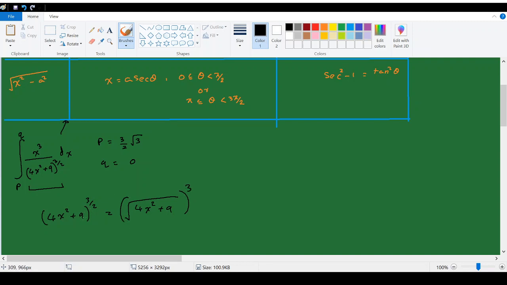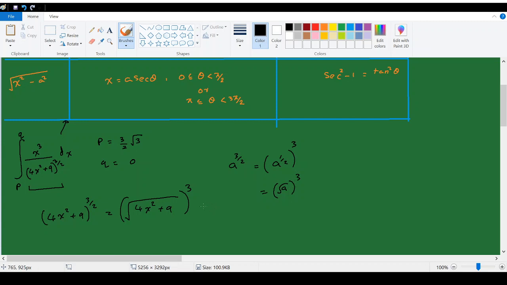So that's the same thing, because any number to the power 3 over 2 can be considered as that same number to the power half and raised to the power 3. So this will be equal to the square root and raised to the power 3, right?